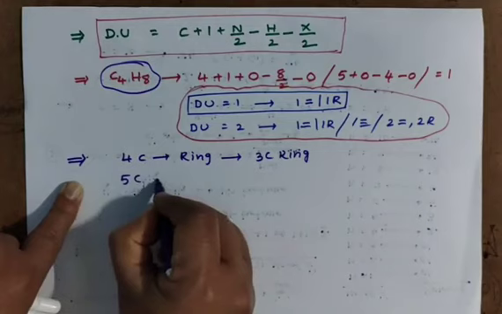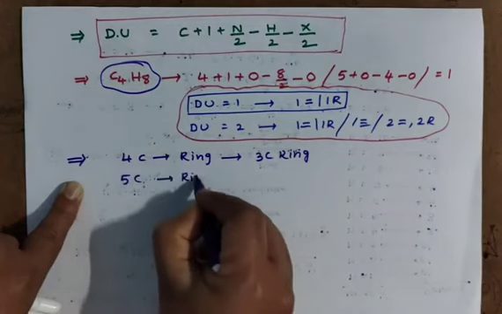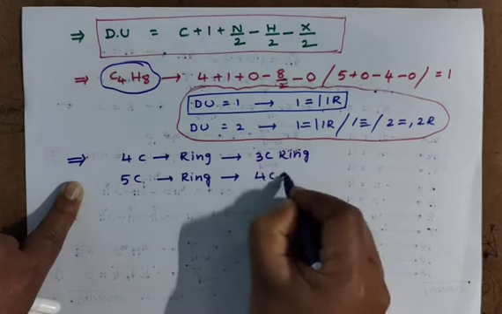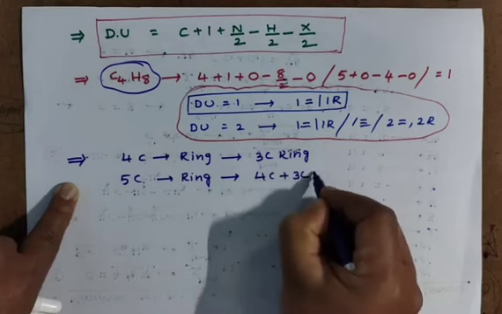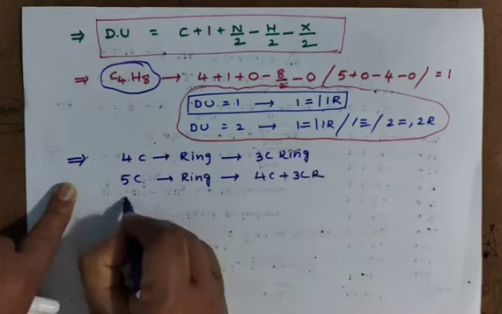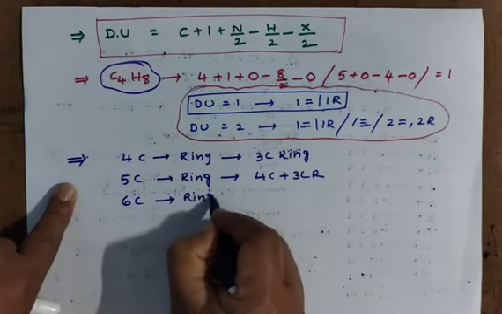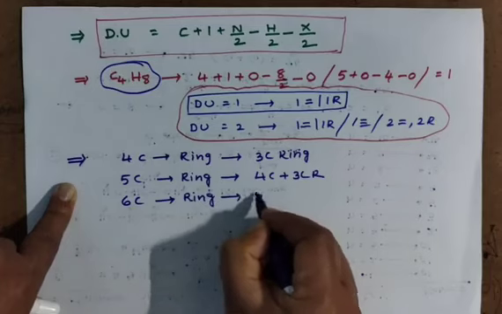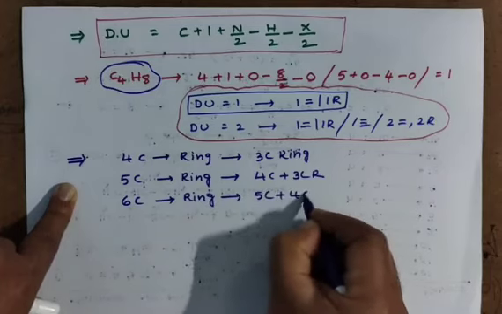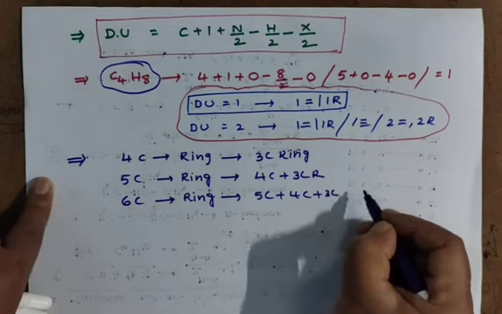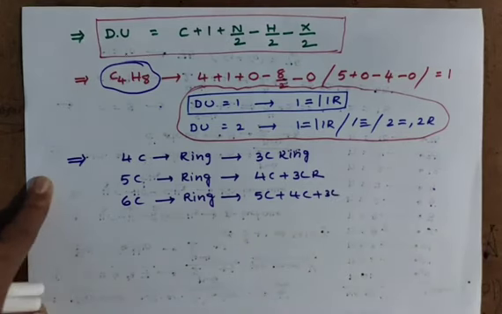If a 5 carbon ring is there, then a 4 carbon ring and a 3 carbon ring are also possible. If a 6 carbon ring is there, then 5, 4 and 3 carbon rings are also possible. That you have to remember.